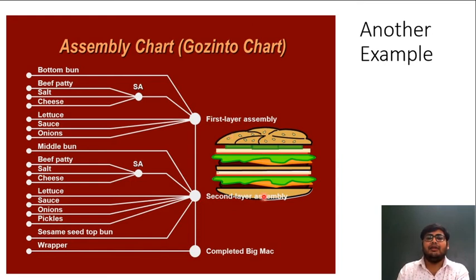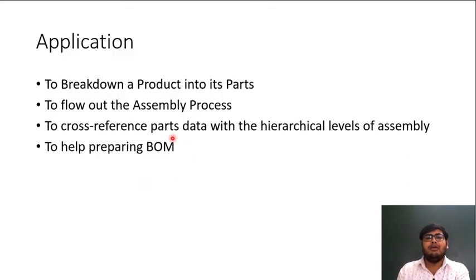For example, in this Big Mac there are two sub-assemblies. For each sub-assembly I will need a beef patty. So I can cross-reference that for a Big Mac I will need a total of two beef patties, and both beef patties will be in different sub-assemblies. So this is what we mean by cross-referencing of part data and level of assembly.